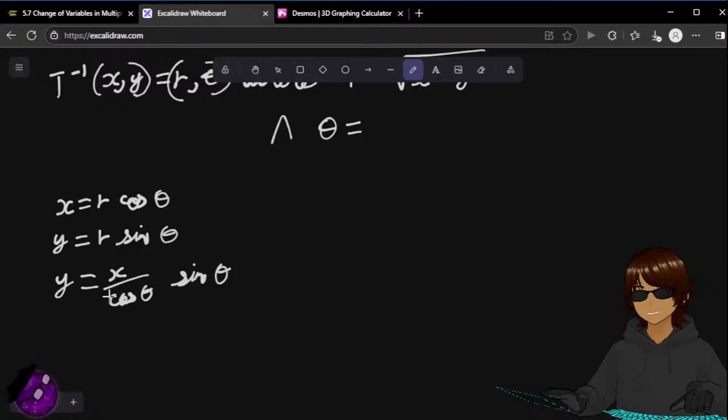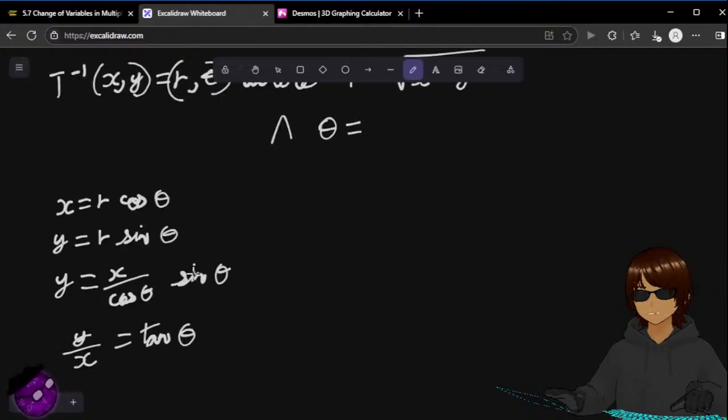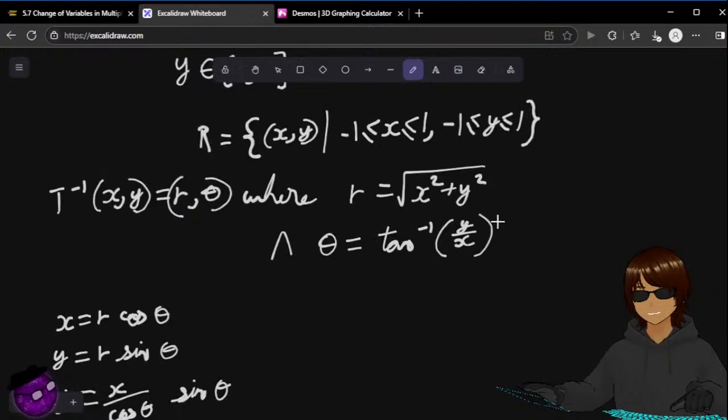And instead of r, I'm writing this. And then sine divided by cos becomes tan. Tan theta. And then theta is like that.